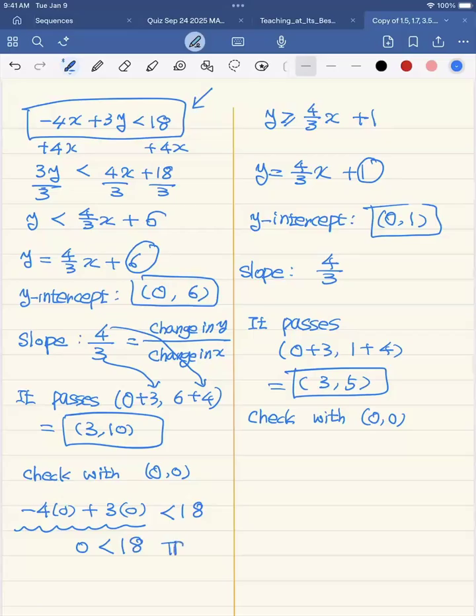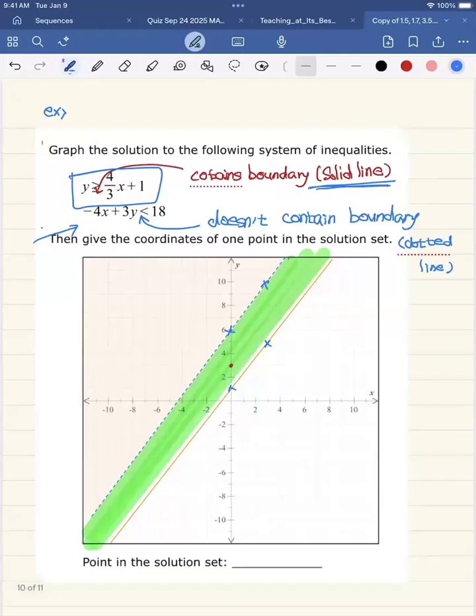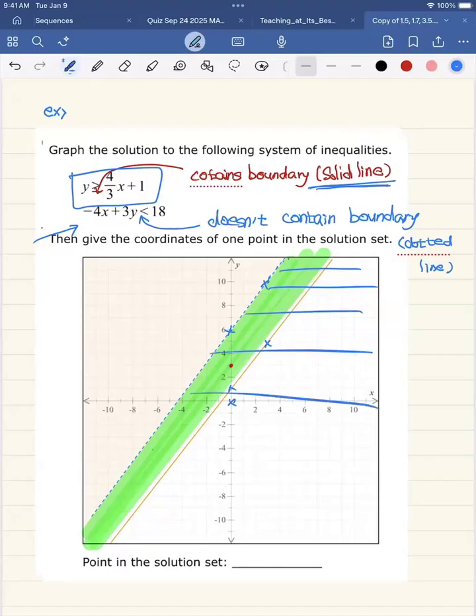Definitely, this is a true statement. So the solution for the second inequality must contain (0, 0). So that is related to this dotted line, and (0, 0) is here, so that contains this side.